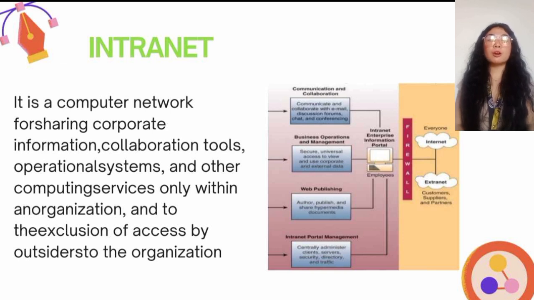As you can see in our PPT, there's a diagram and it shows the internal enterprise information portal, which is accessible only to employees.